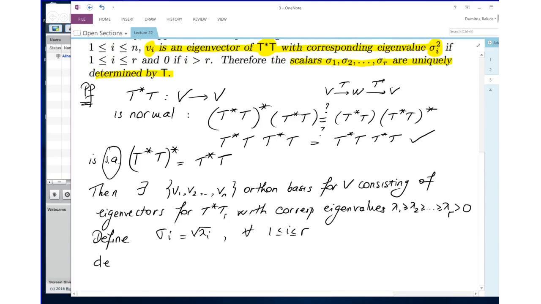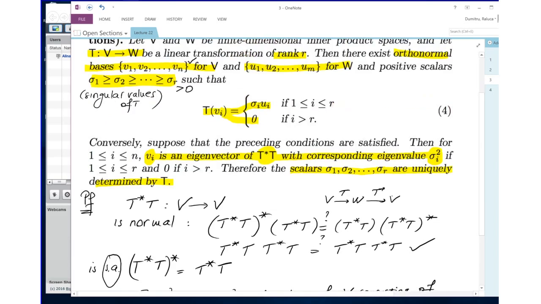So we got the sigmas, right? Now we only need to find this basis here, but this basis for W cannot be arbitrary. It has to be connected to V through this equality here. So we're just going to define ui to be 1 over sigma i T of vi. So this identity holds.